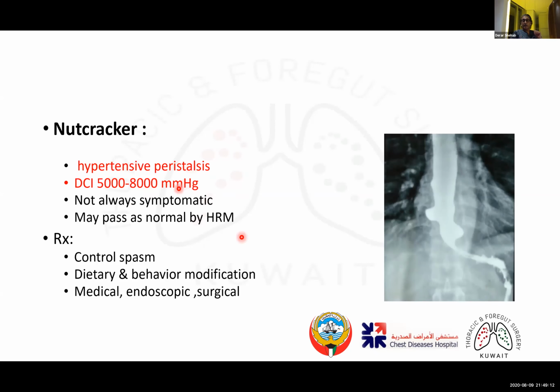For treatment, those patients usually control spasm by giving them calcium channel blockers, or change their behavior or modification of lifestyle, and or endoscopic or surgical myotomy. Again, it's going to be a long myotomy, not like achalasia myotomy.